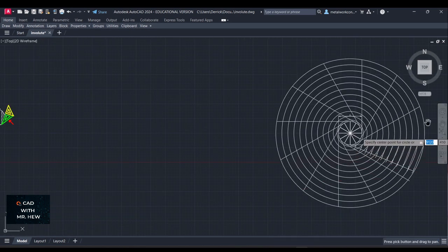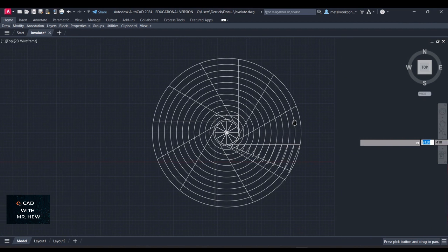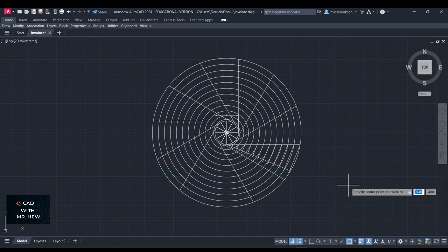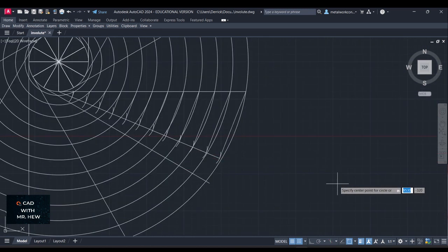Let's make it a little bit smaller so we can see what's happening, all right? So we have centered the drawing. The next thing we're going to do now, we're going to plot the points, okay?